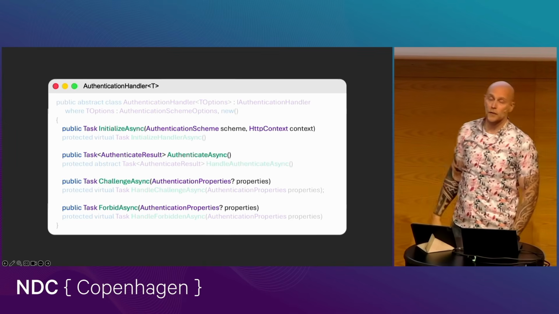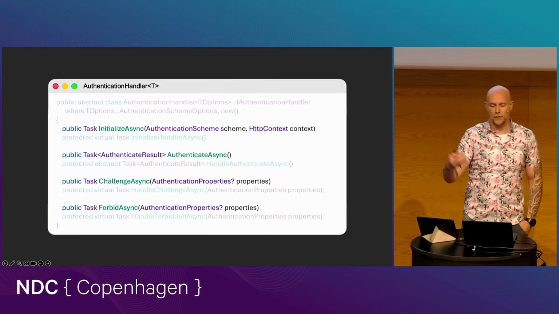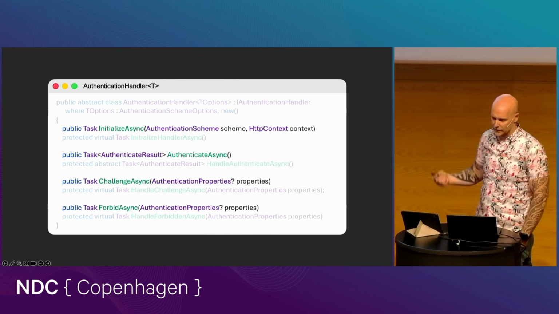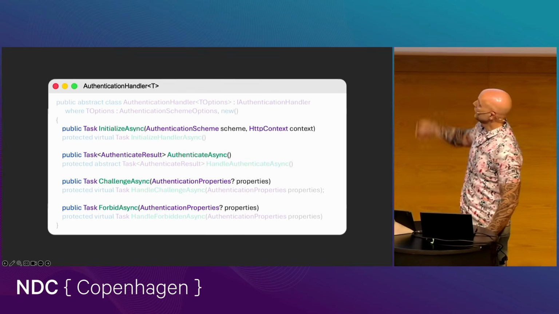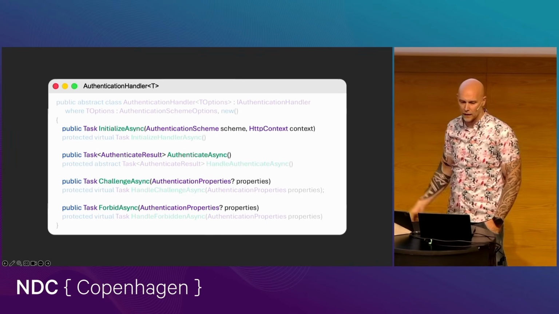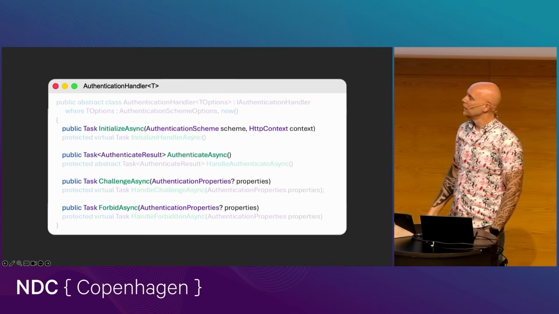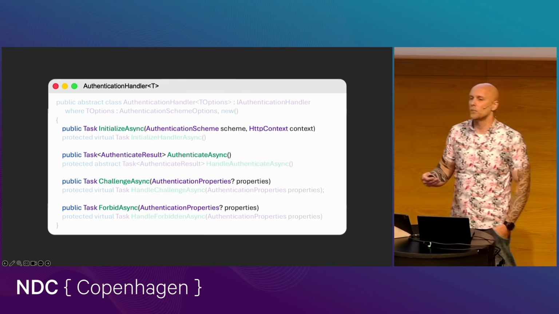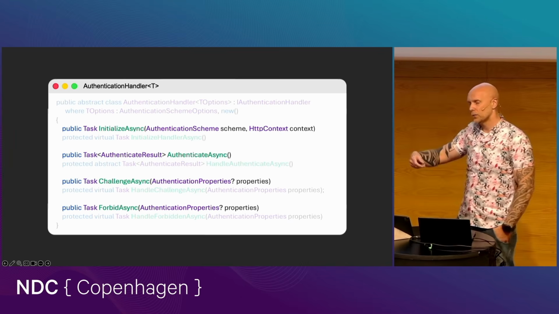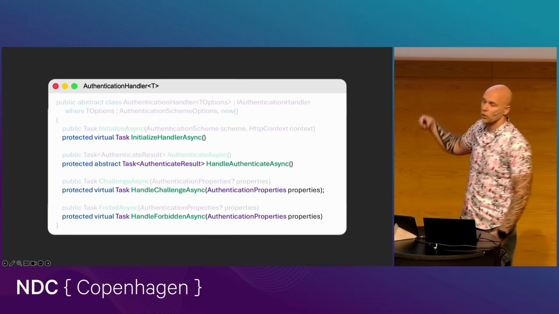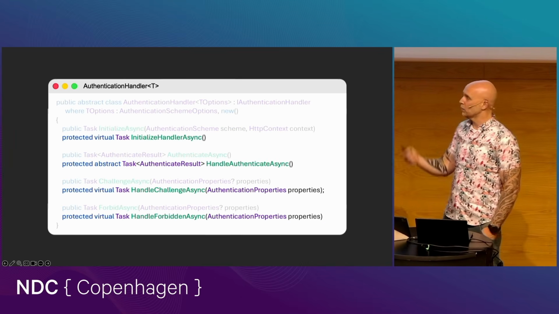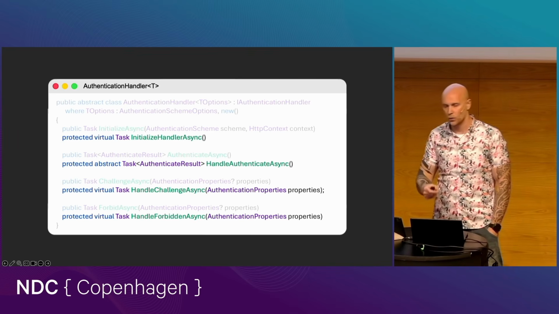Other than that, it implements all of the methods that you expect, the methods that the I authentication handler expects. So it implements initialize async, authenticate async, challenge async, forbid async, all of those. But they all work in kind of the same way. They do something that's required by the base class, and then they call a corresponding virtual or abstract method that you need to or can override.